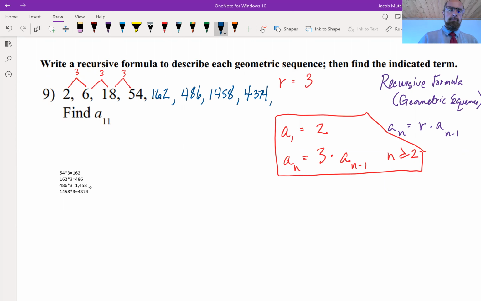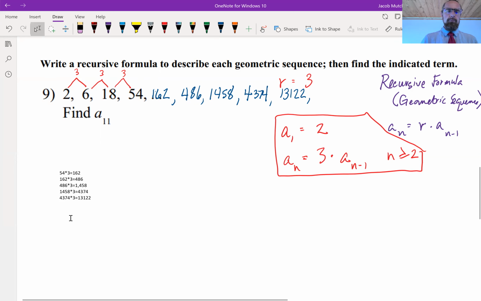That's my 8th term. 4,374 times 3 is going to give us 13,000. So these numbers are growing very rapidly. It's exponential growth, you can see. 13,122.